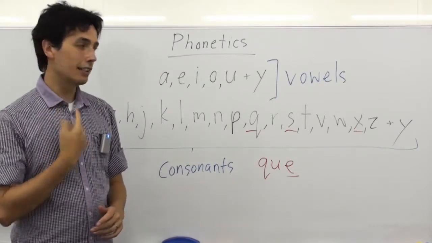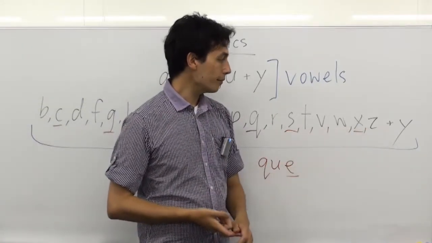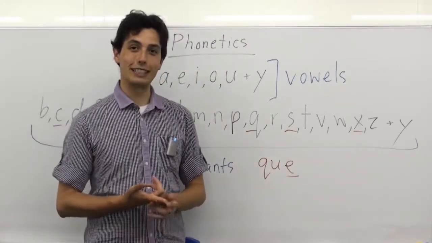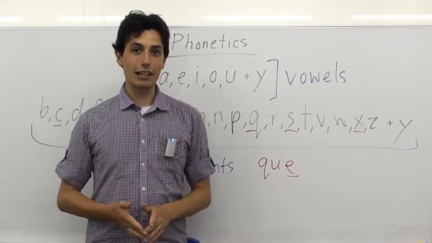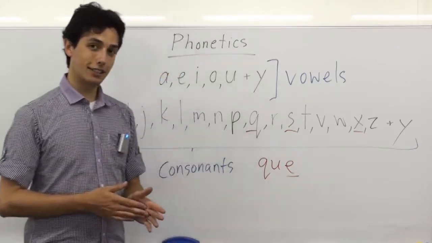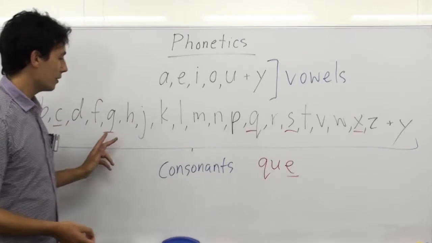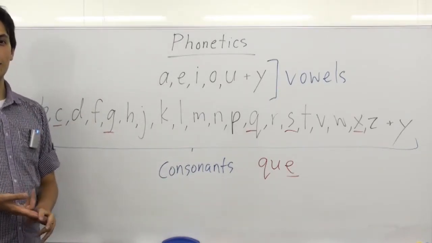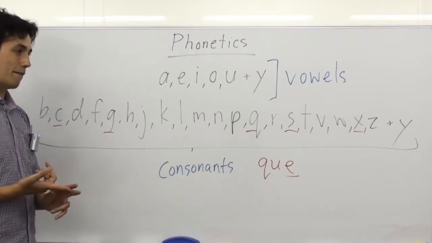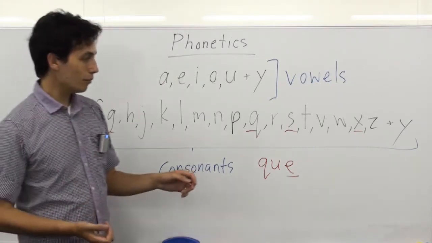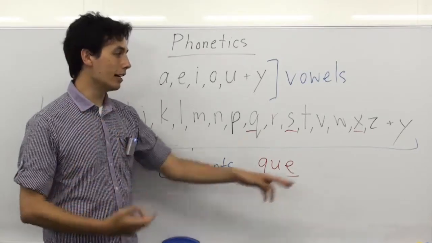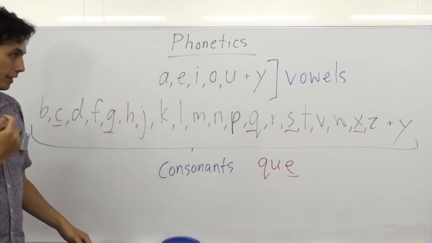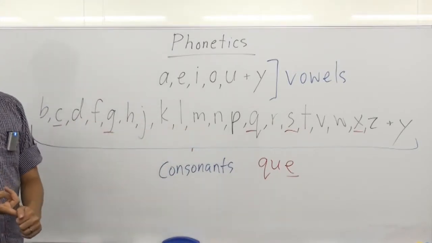It sounds like Z. For X, if it's at the beginning of a word, it sounds like a Z. If it's at the end or in the middle of a word, it sounds like X. And one other one which is kind of tough is F, which also has voiced and unvoiced, like F and V. Okay, the shape of the mouth stays the same. It's just it comes from here or here. Okay, and voiced sounds like V.